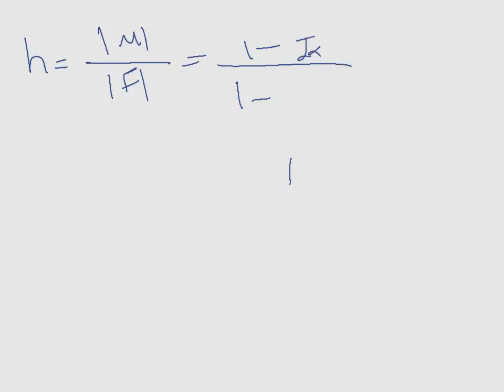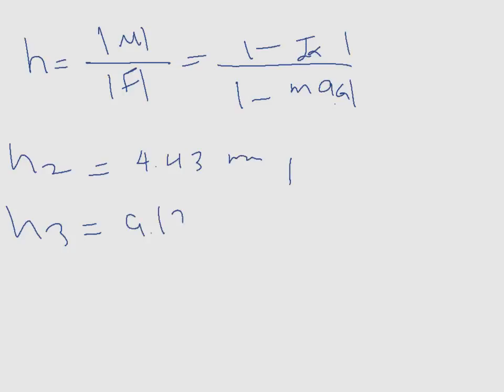The moment is moment of inertia multiplied by alpha, and the force is mass multiplied by AG. If I calculate for 2 and for 3, it's just substituting. You have the moment, alpha, mass, everything here. Substituting, for 2 you'll get 4.43 millimeter and for 3, 9.13 millimeter.